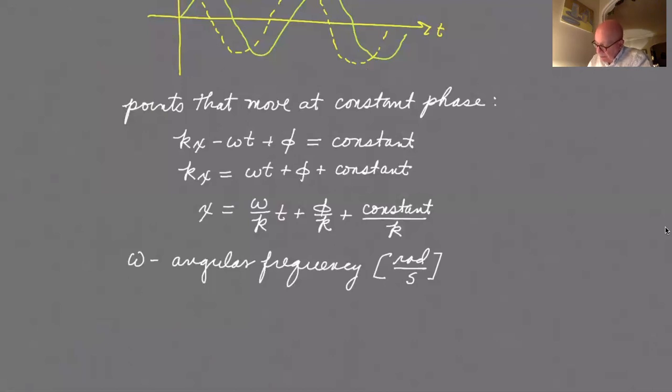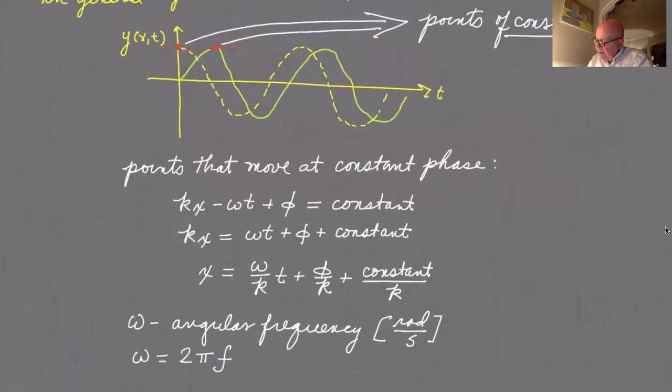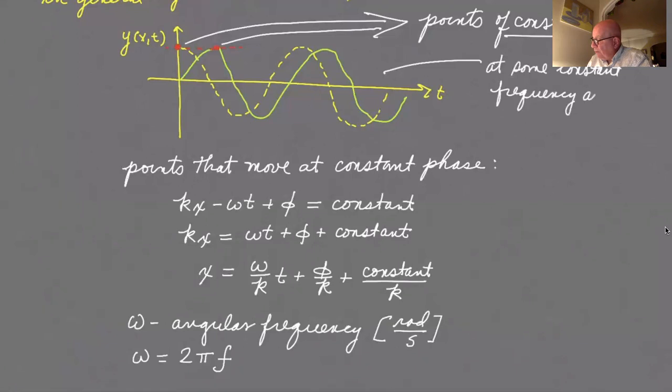Omega is equal to 2 pi times the frequency. This wave is at some constant frequency and wavelength.